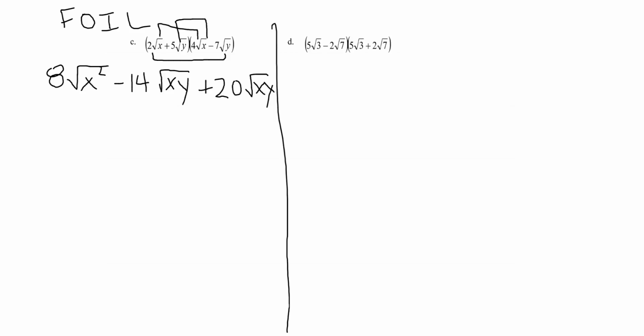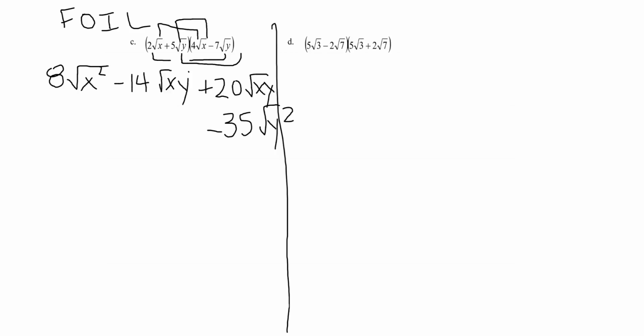Now, our last, or L, is our last terms. Go up here, and it's the 5 square root y times negative 7 square root y, which is going to give me negative 35 square root y squared.